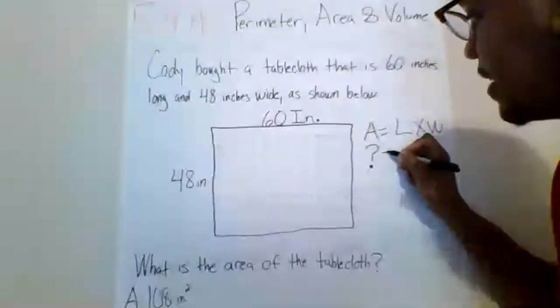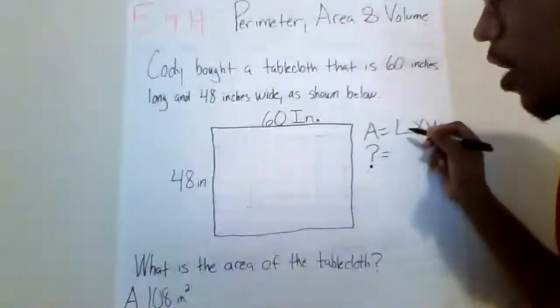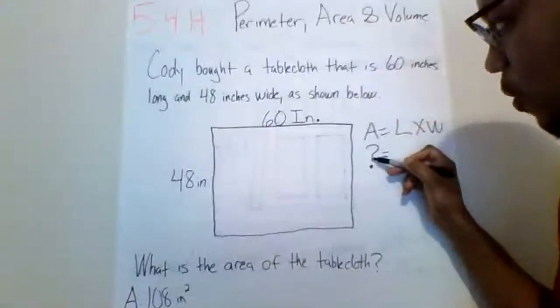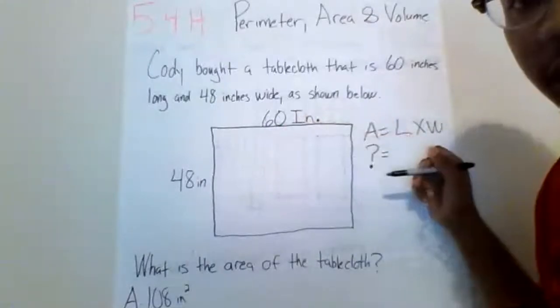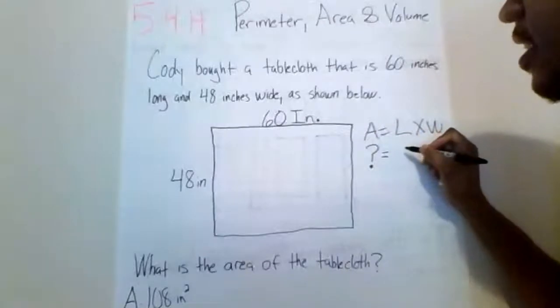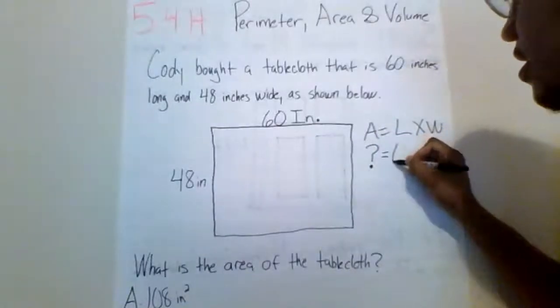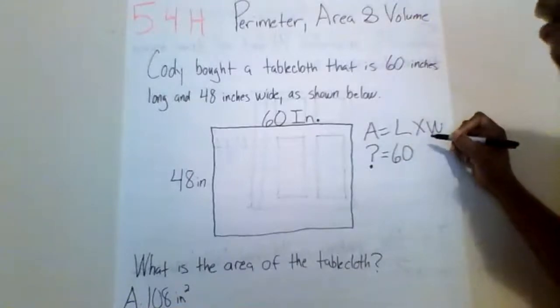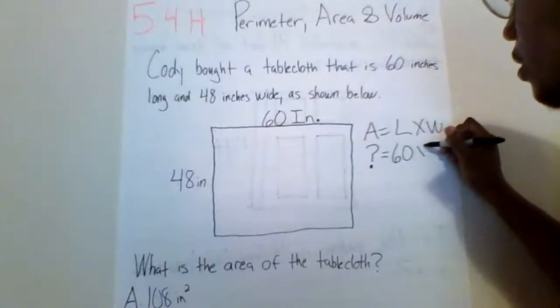So the question is, what is the length times the width? Because the area is the question, but you have the length, which is 60, because it says 60 inches long, and you have the width, which is 48.